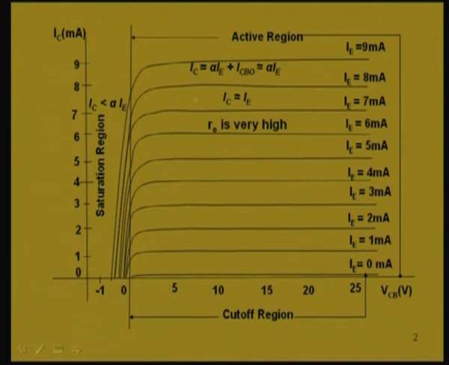Say, for example, if we consider the characteristic IE equal to 6 milliampere, and we go on decreasing VCB below 0, that is from this point to the left side, it is negative.